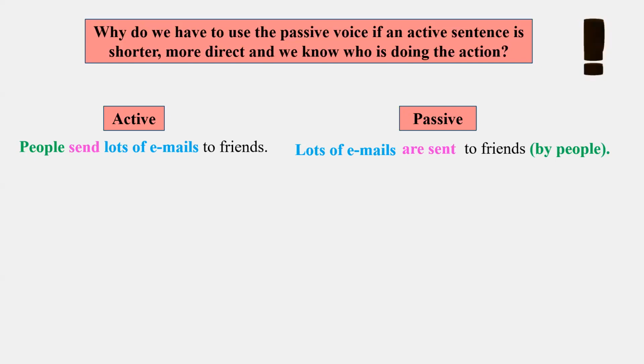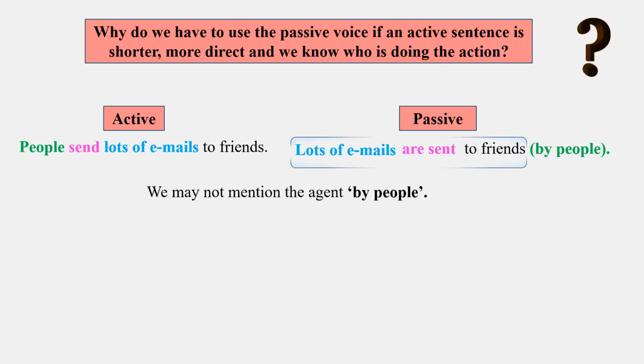Well, now if you ask me, why do we put by people between brackets? Because we may not mention it. By people is the agent, and we may not mention it. We could just say lots of emails are sent to friends. You will tell me why.